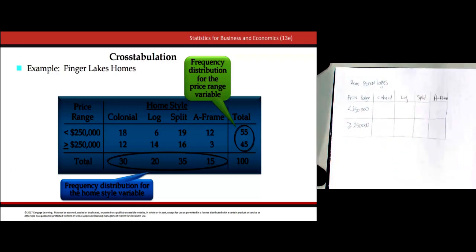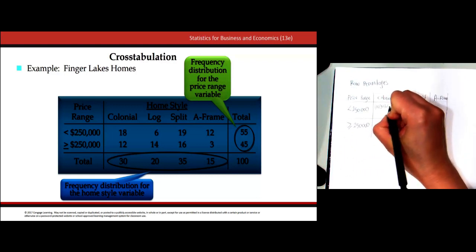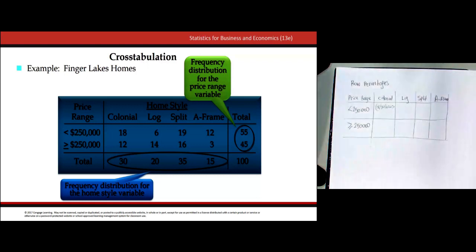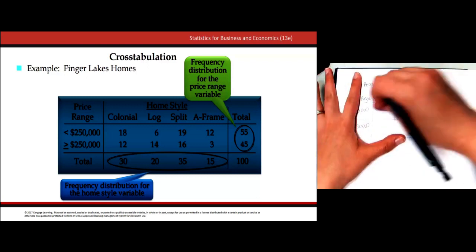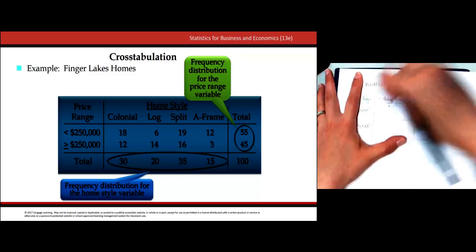So what percentage of colonial homes are less than $250,000? 18 out of 30 times 100%. Now this is the row percentages, not the column. So then row percentages.